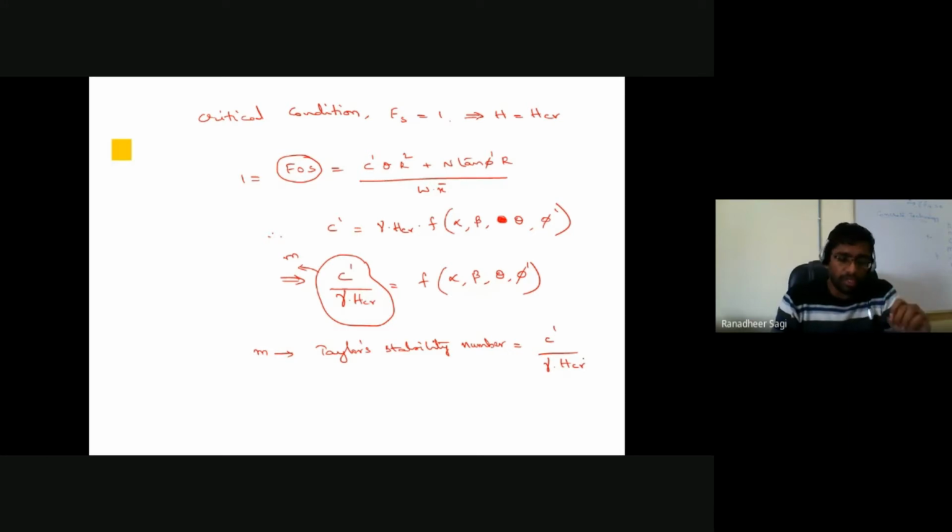By making use of those charts, how do we find out the unknowns regarding that particular slope? If you want a factor of safety of so and so to be maintained for that slope, what shall be the height that you can construct, or what slope should you provide, or what angle should you provide for that finite slope? All that we'll try to understand based on Taylor's charts.